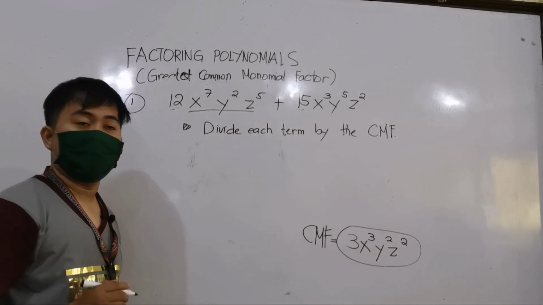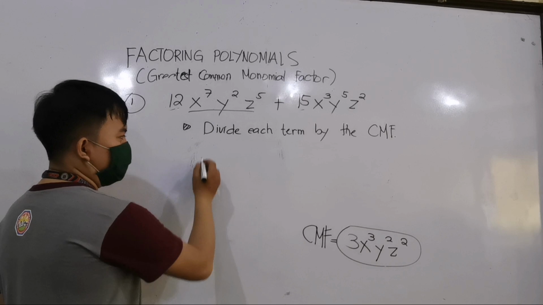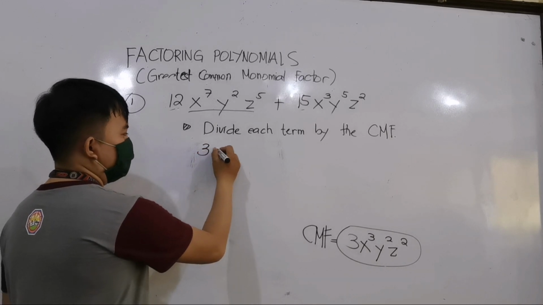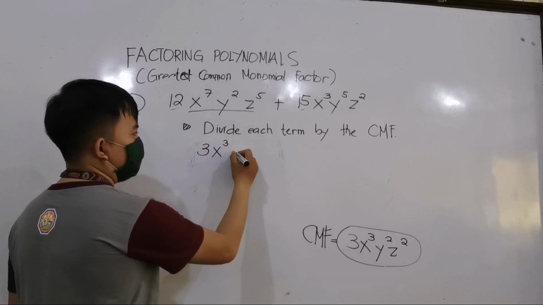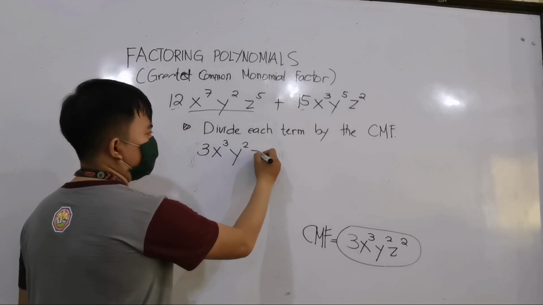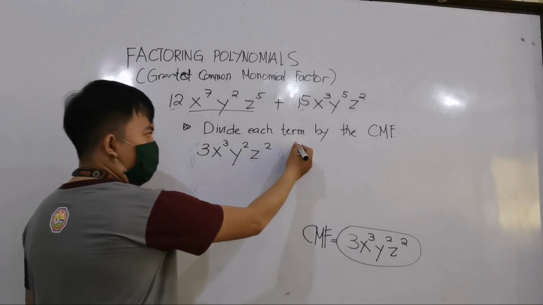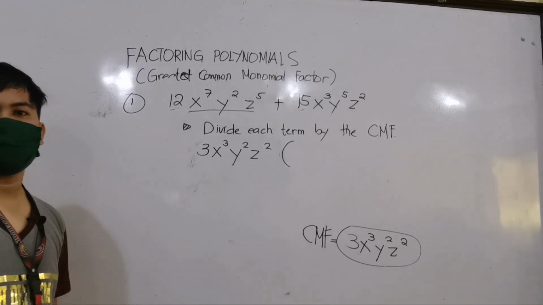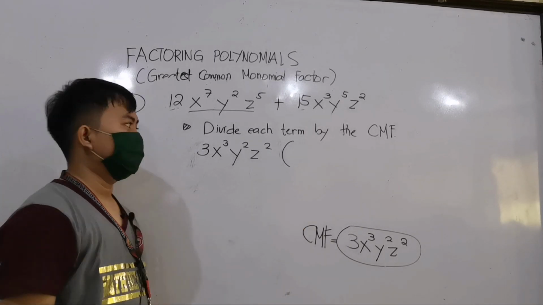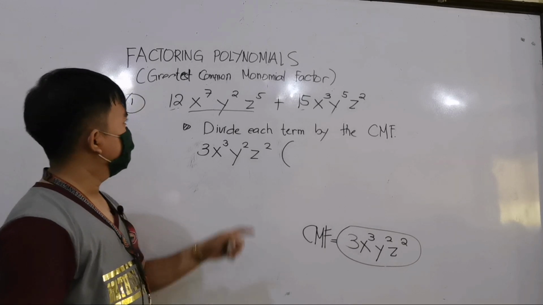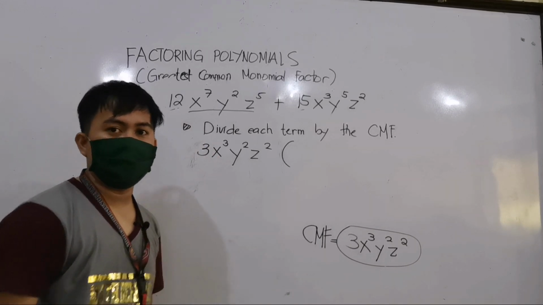Paano po natin yung gagawin? Isusulat po natin ang CMF, which is 3x cubed y squared z squared. Ito po. Write an open parenthesis. And what's next is divide. Isa-isahin natin.